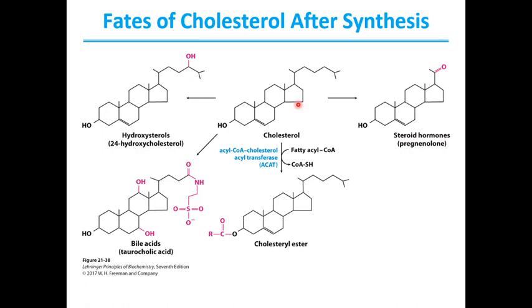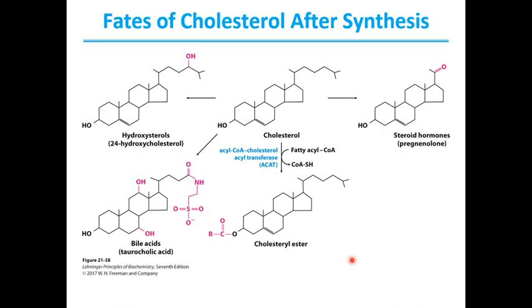What this does is convert cholesterol to a more hydrophobic cholesterol ester and prevent its entry into the membranes. Cholesterol esters have two fates. They are either transported in secreted lipoprotein particles to other tissues that use cholesterol, or they are stored in the liver in lipid droplets.